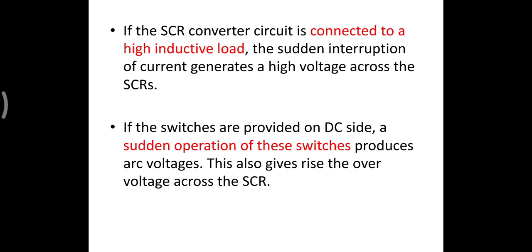The next point is, if switches are provided on the DC side, sudden operation of these switches produces arc voltages. This arc also gives rise to over voltage across the SCR. During the operation of the circuit, sudden switching operations produce arc voltages across the switch.